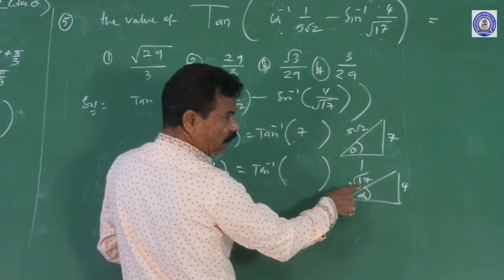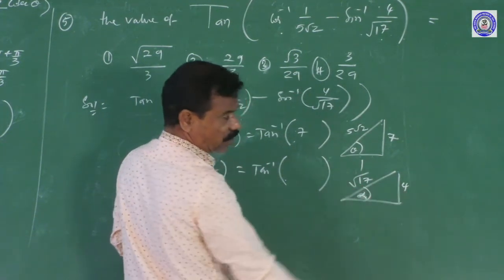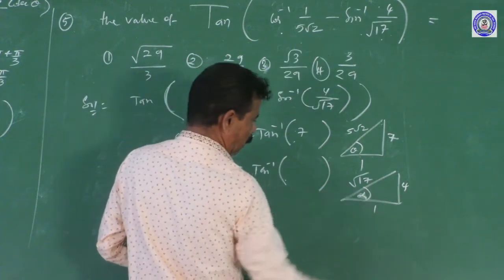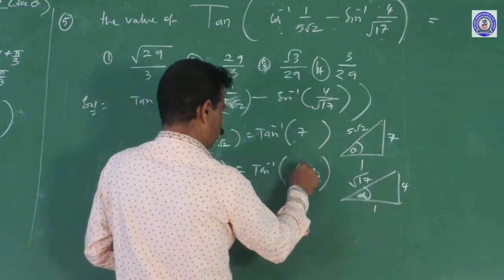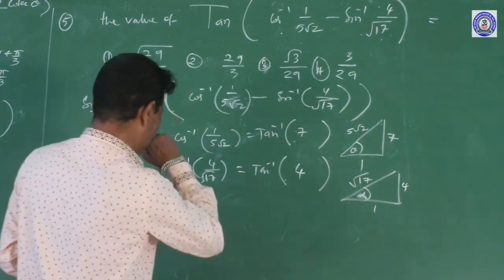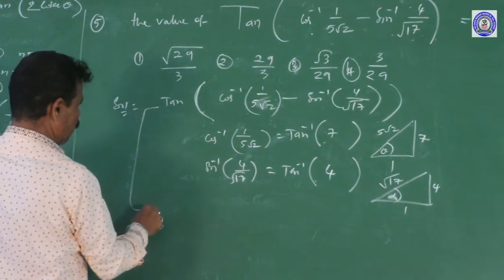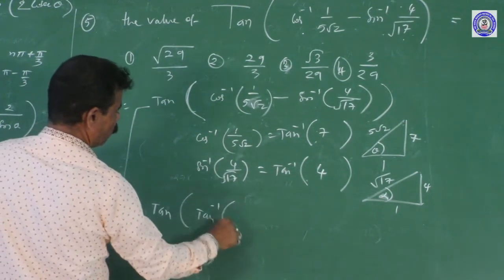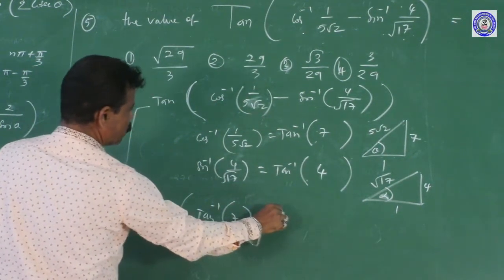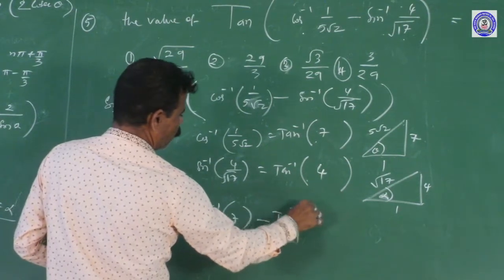So 17 minus 16 is 1, root of 1 is 1. Here tan is 4 by 1, only 4. That's why this is written as tan inverse of 7 minus tan inverse of 4.